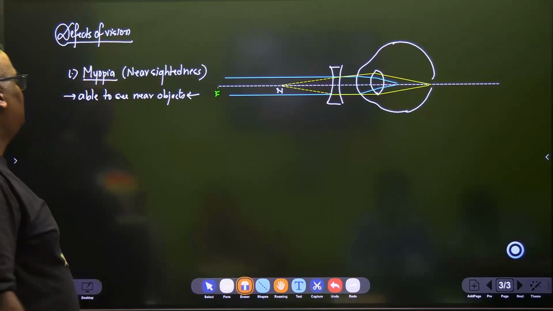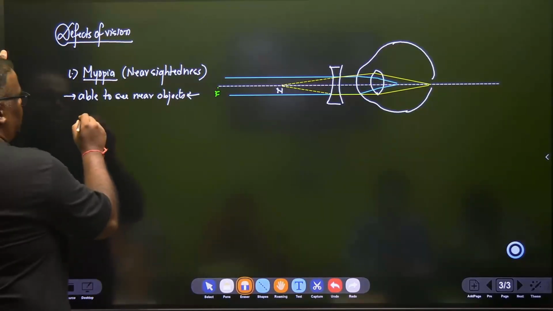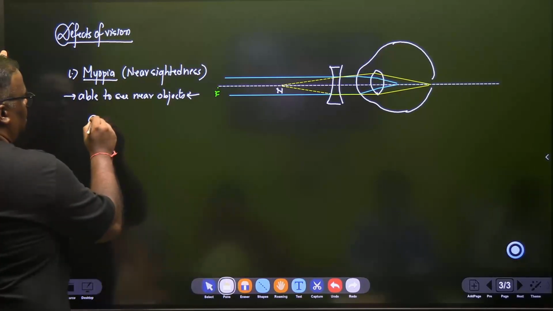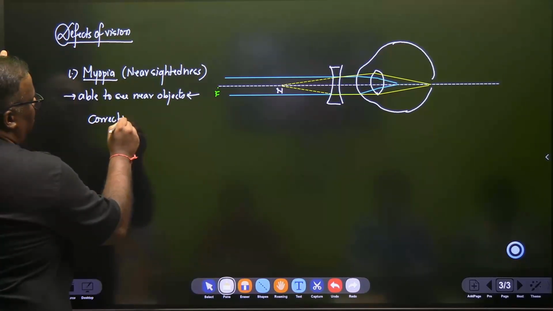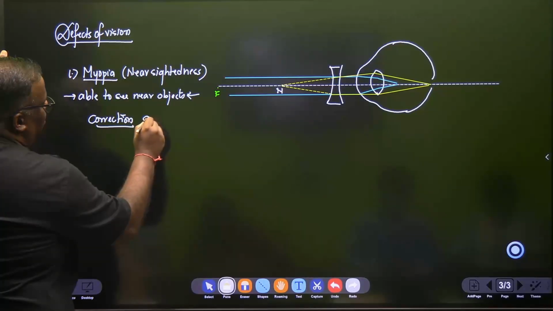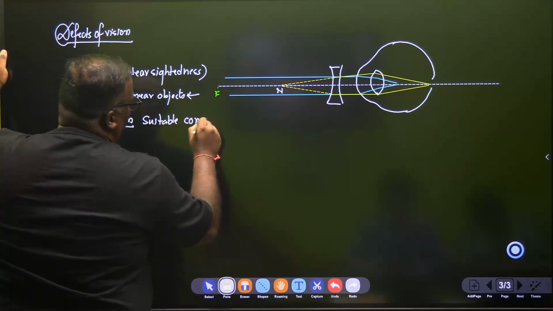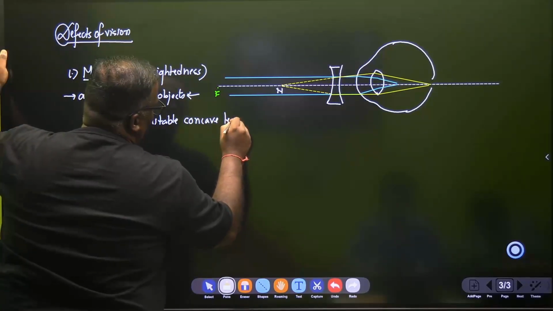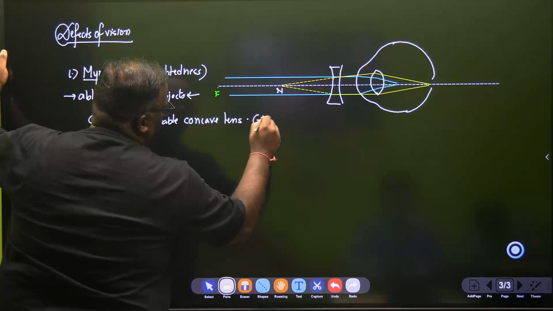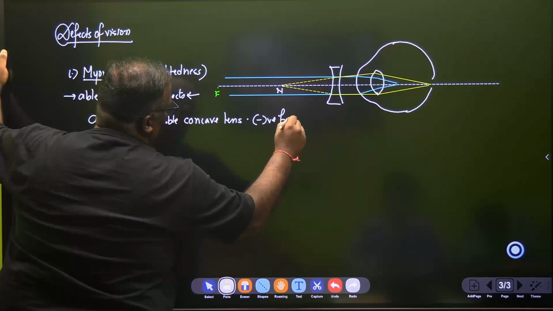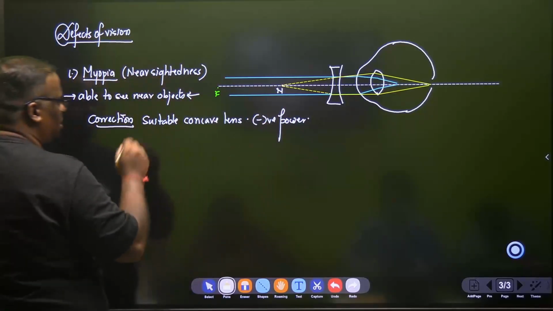Okay. So let's see the correction. The correction is by a suitable concave lens, which will be negative power, right?